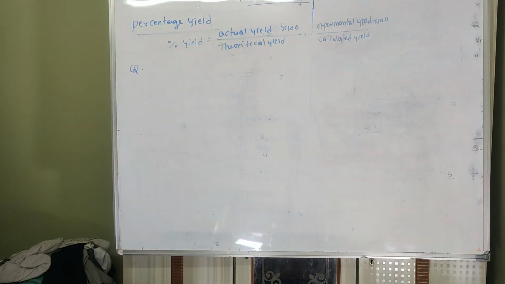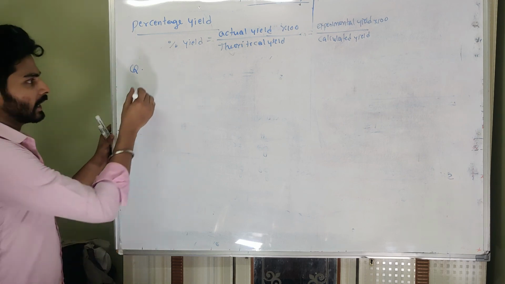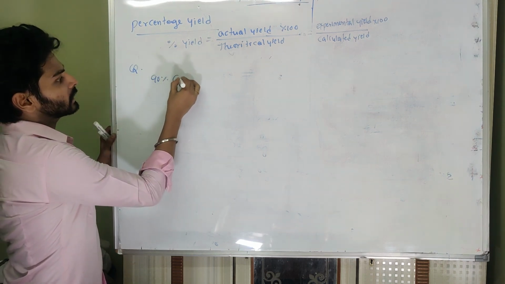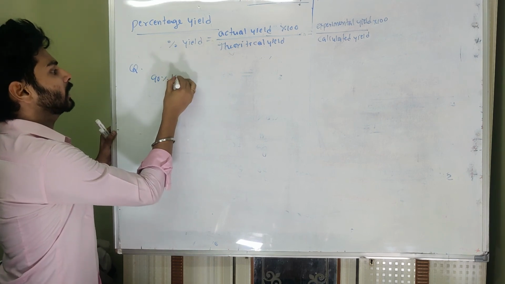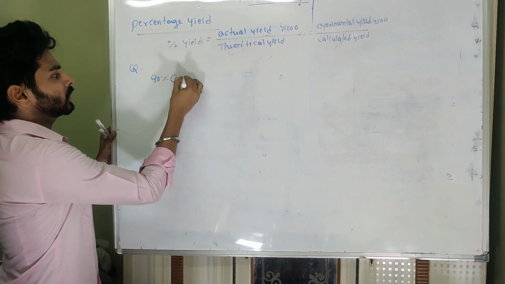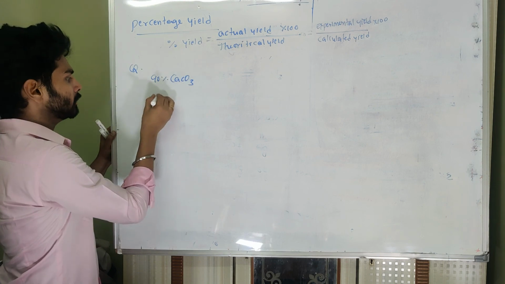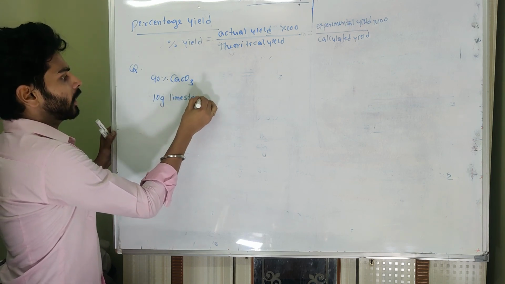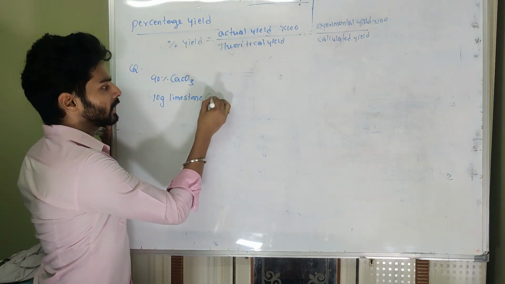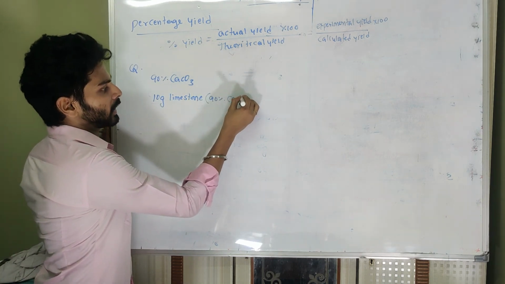Question says that percentage yield we have to calculate. Question says that limestone, 90% calcium carbonate, we have taken is 10 gram limestone, which is actually 90% pure calcium carbonate.